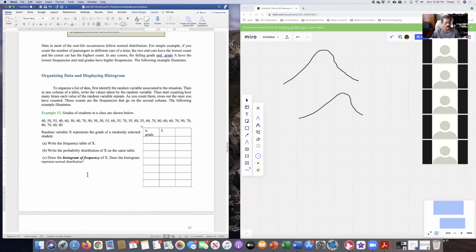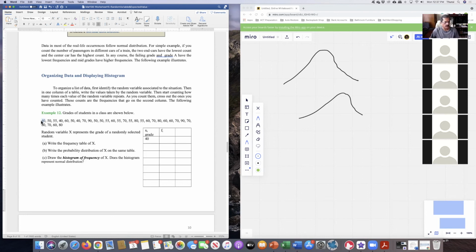You always start at the lowest value, which is 40 in this case, and then count how many times it's there. This is a short list, but in reality, if you're doing a statistics analysis problem, you will be given like 200, 300, or 2000 data. So you have a whole bunch of numbers here, and it's hard to work with it unless you do it in an organized way.